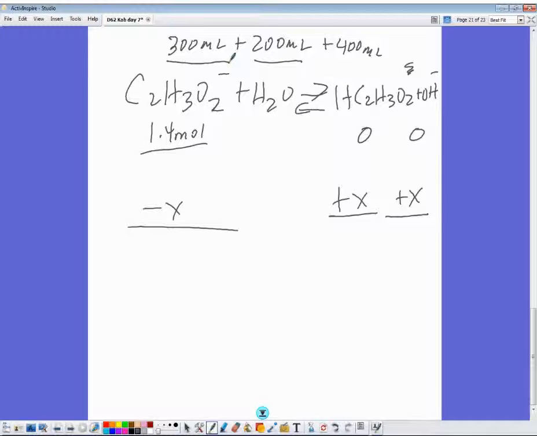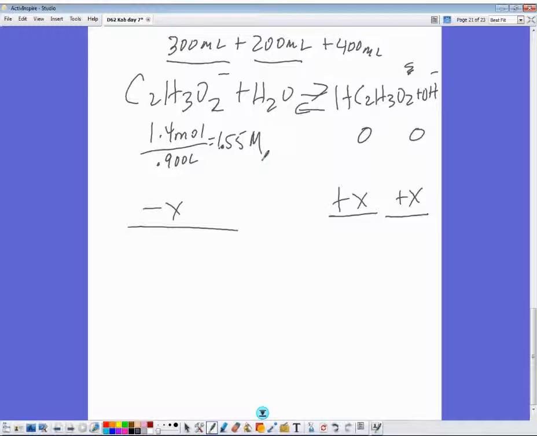And I added in on letter D, 400. That makes 900 milliliters or 0.9. Now, if you put that in right here, you get 1.55 molar. 1.955 molar. Yes?